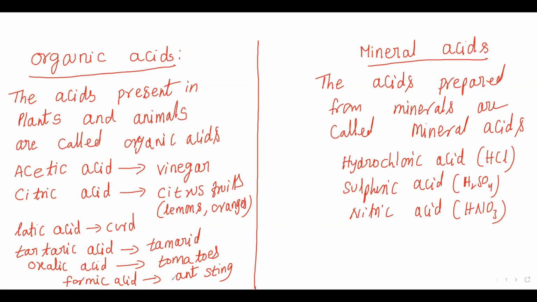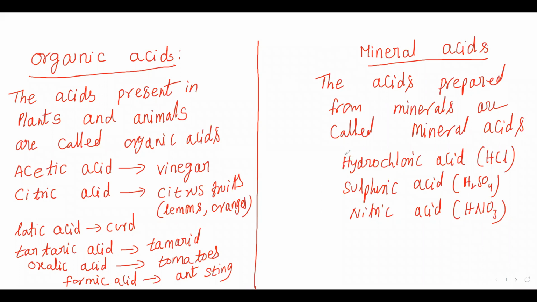When an ant stings, it releases these acids, and that's why we get a lot of pain and irritation in that area. They are weak acids. For example, vinegar is used in pickles. So they are eatable acids and are not harmful.